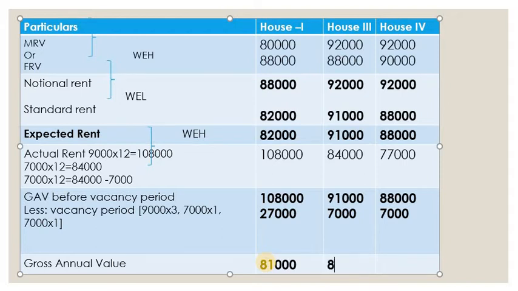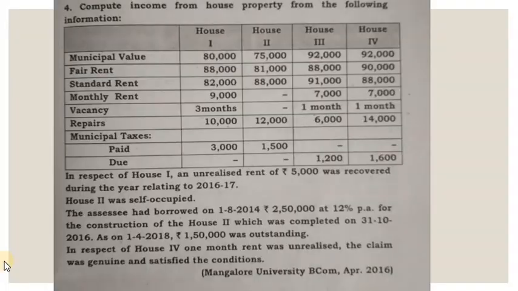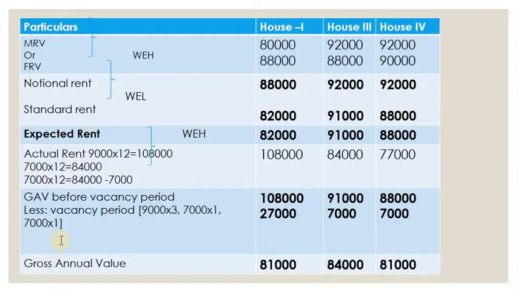So it is 84,000. Then 88,000 minus 7,000, it is 81,000. So we have arrived at gross annual values 81,000, 84,000 and 81,000.